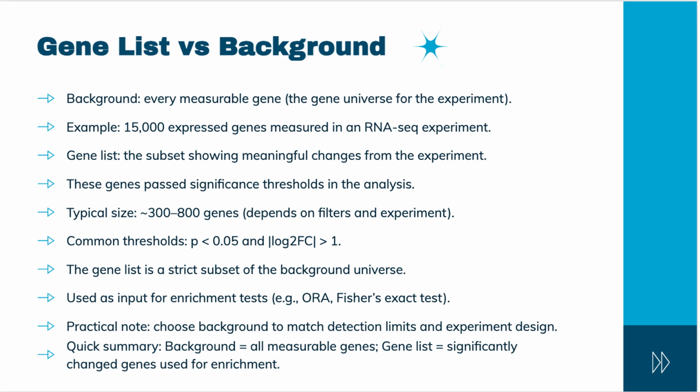So in summary, the background is the set of all measurable genes in our experiment. Now the gene list will be the significantly changed genes in the background list, per the particular threshold that we would use.